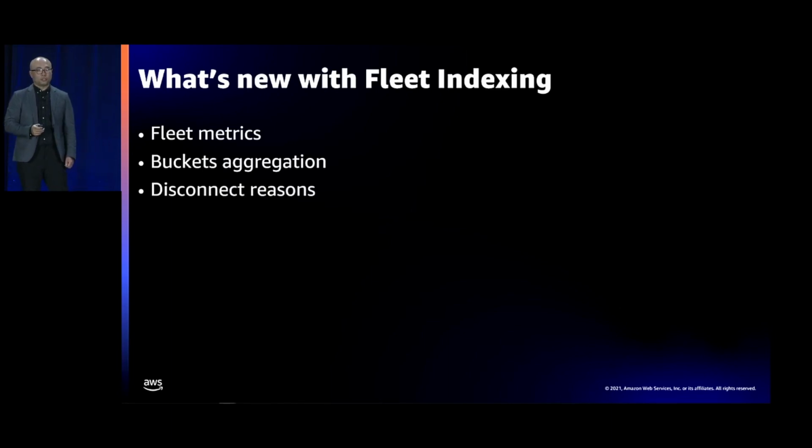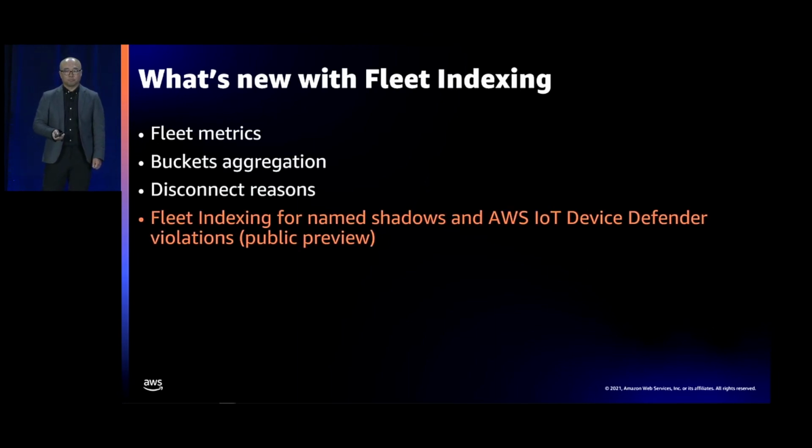Third, you can search for devices based on a new disconnect reasons data field that provides additional insights into why a particular device lost its connection to AWS IoT. With these three new features, you can index and query more data related to your IoT devices in a scalable way.